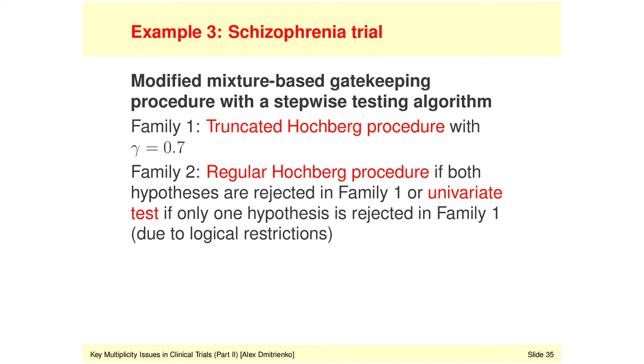However, it's possible that in family 1, only one test is significant, the other test is not significant, in which case, again, based on the predefined logical restrictions, only one hypothesis would be of interest to us in the secondary family, in which case, instead of using the regular Hogberg procedure, it will be sufficient to apply a basic univariate test. There will be no other sources of multiplicity within family 2 in this particular case.